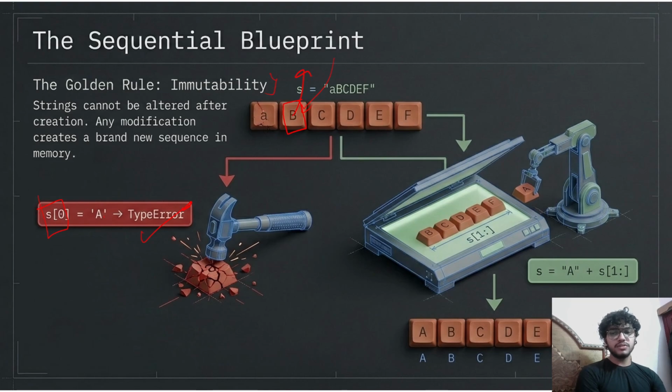But what you can do is you can separate this out using a machine, or you can just slice it. You slice this from the index you want to slice it from, and then you just add the character A. This is how you can change things in strings. This is the wrong way.